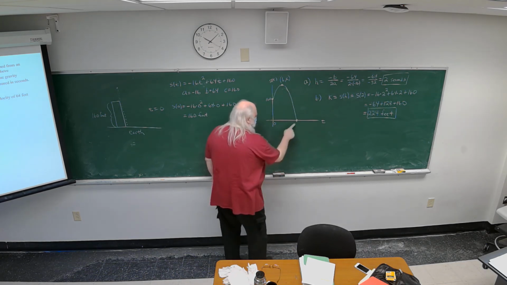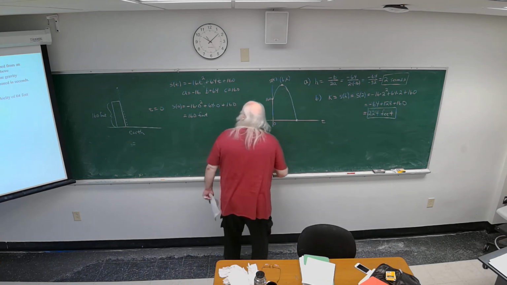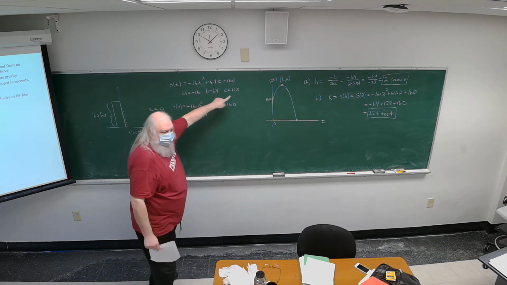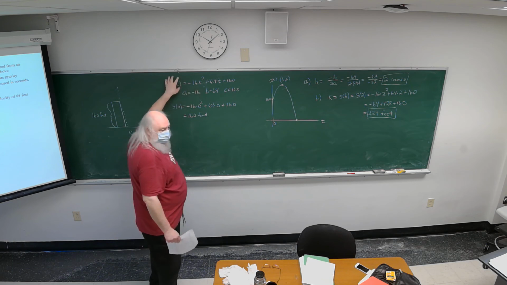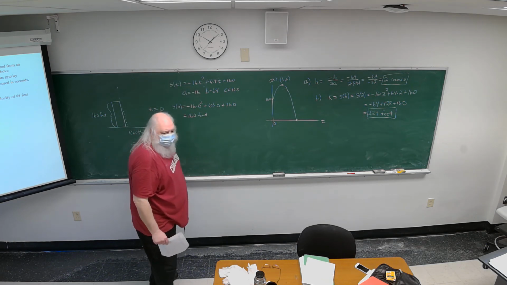When the ball reaches the ground, the height of the ball is 0 feet, right? So you got to take the quadratic function and set it equal to 0. Set S of t equal to 0, and then solve for t to find out how long it is before the ball hits the ground.